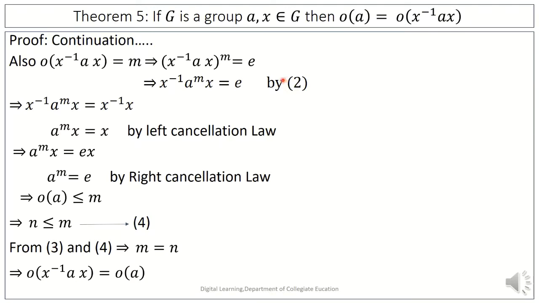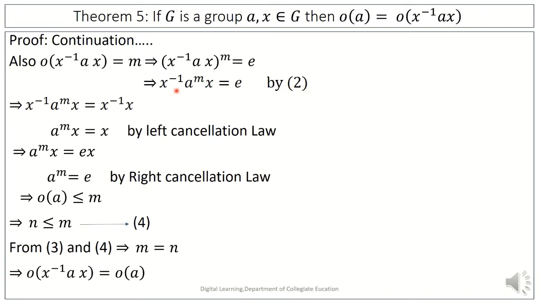Substitute n equal to m here. Therefore, in the next step, x inverse into A into x to the power of m can be written as x inverse into A to the power of m into x, which is equal to E by equation 2.